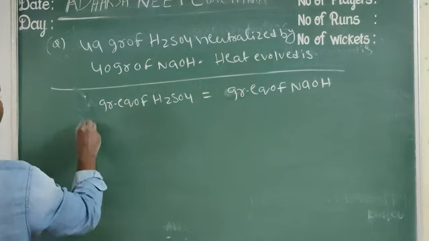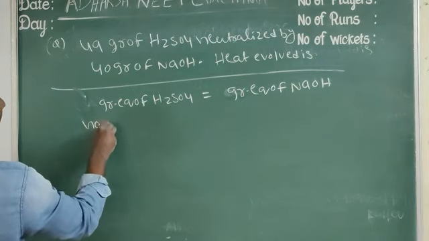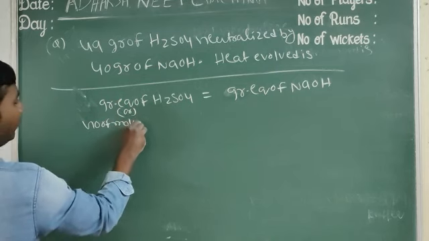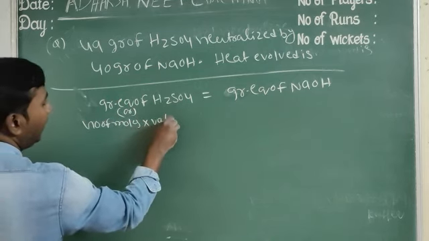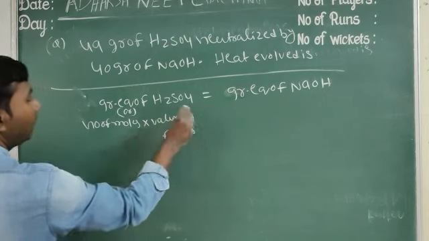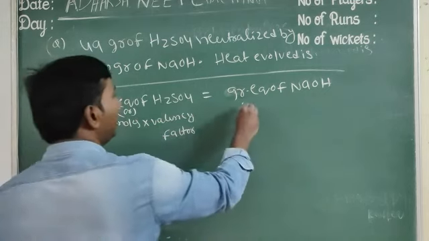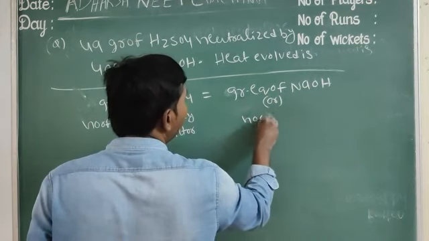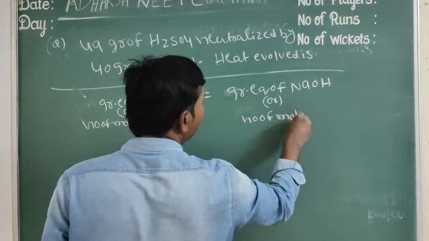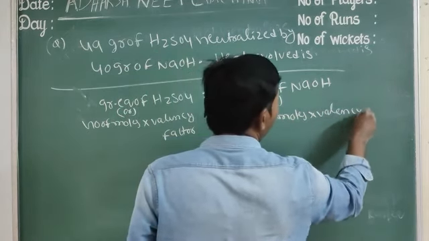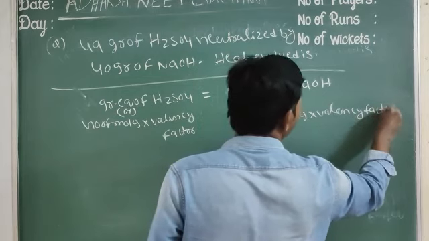Gram equivalent means number of moles times valency factor, for both.